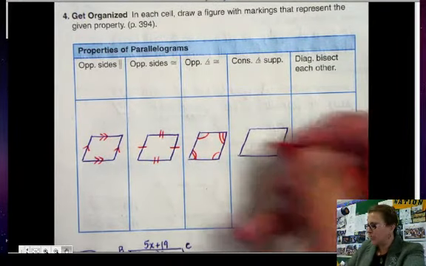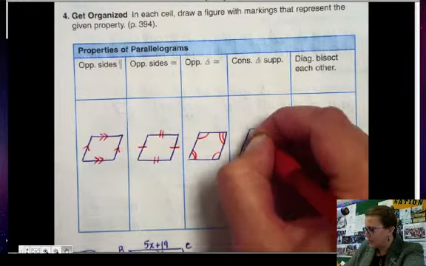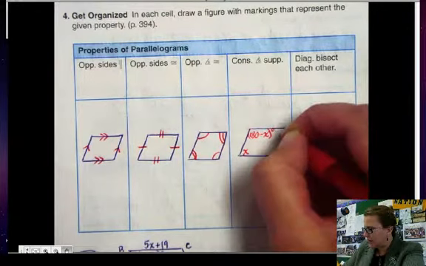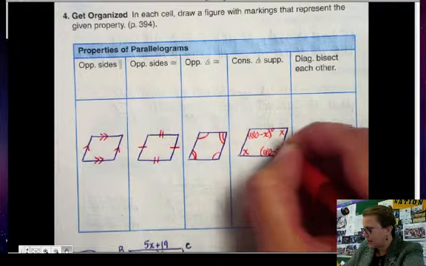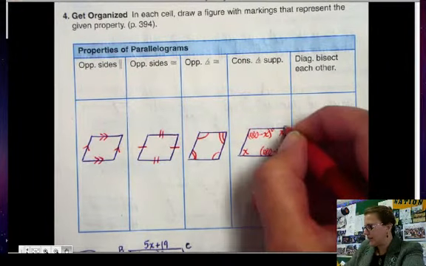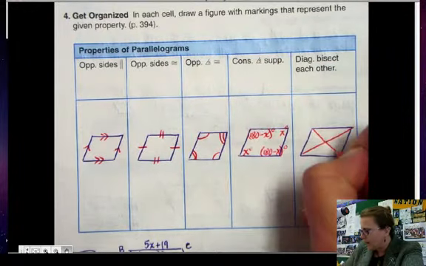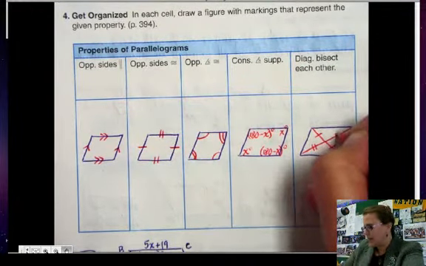Consecutive angles are supplementary, so if this is X, this will be 180 minus X. And this is going to be X, so this is 180 minus X. And lastly, that the diagonals bisect each other. So this is congruent to this, and this side is congruent to that side.